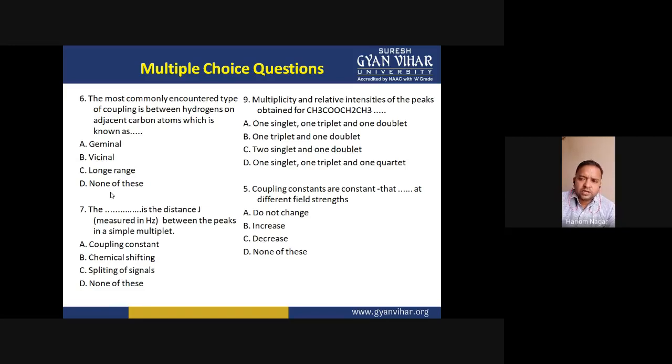Coupling constants do not depend on the field strength, meaning they do not change, because they are independent of the field strength. Option A would be correct, because there is no increase or decrease of the coupling constant by changing the field strength.